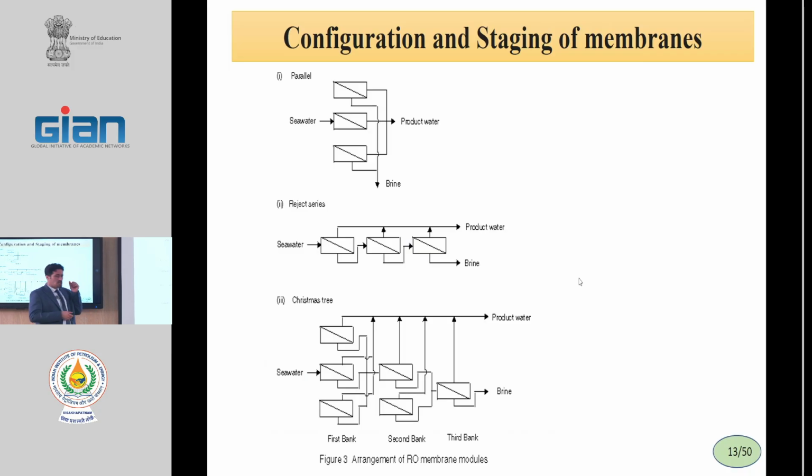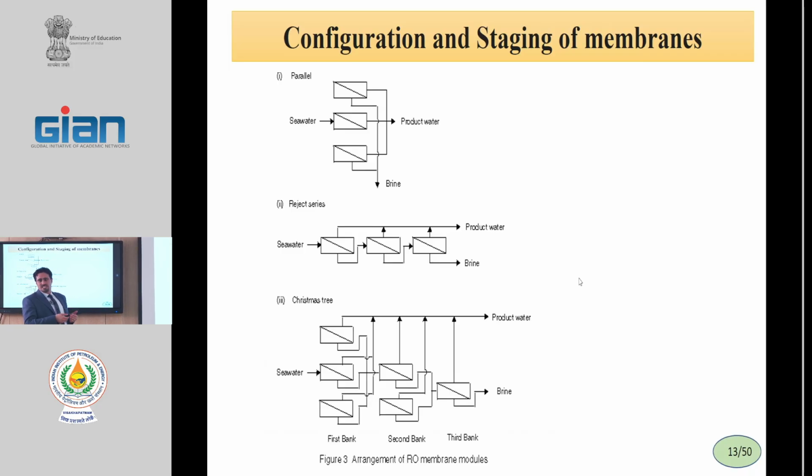As we show in the video, we have different configurations and staging in the use of the modules and pressure vessels. In the first design, we have 3 parallel modules or pressure vessels, and each module has independent behavior and independent product.